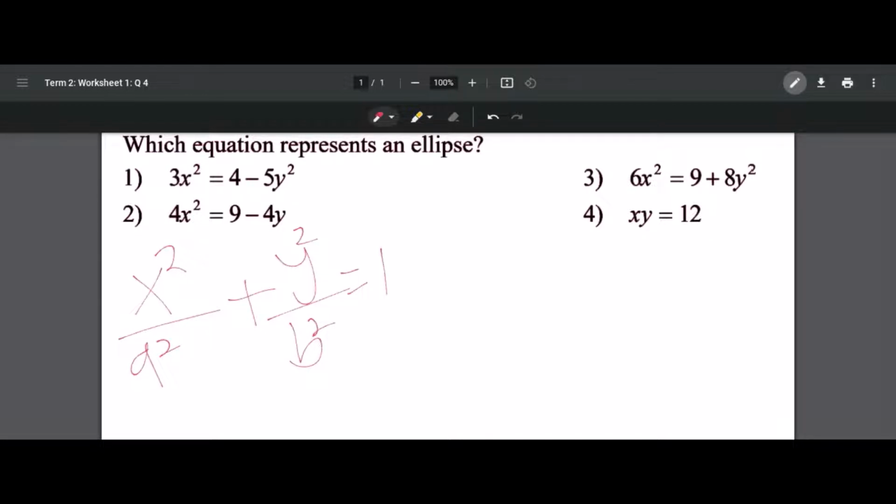By looking at the equation, you can see that there is a term of x squared plus a term of y squared. So x squared and y squared.